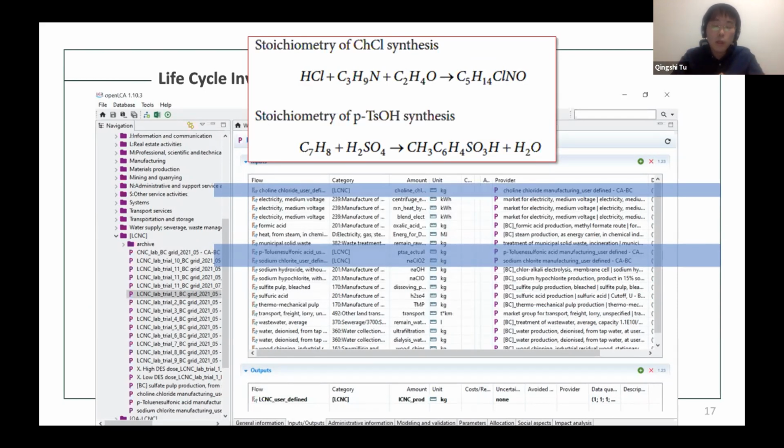Then we look for the enthalpy of formation for each of the chemicals, and then we calculate enthalpy of reaction and, of course, sensible heat for the reaction and all that. By doing that, we actually get the energy consumption data for making those chemicals as well. So this is another example of how you can get missing data using different approaches.